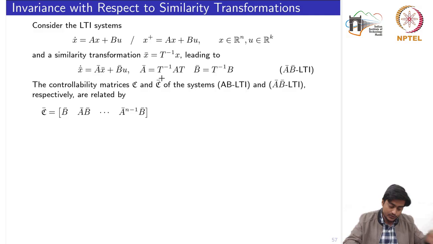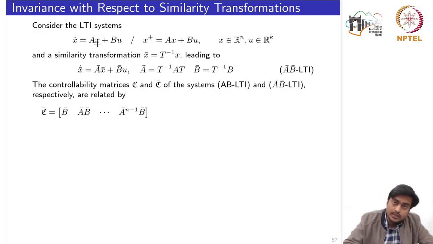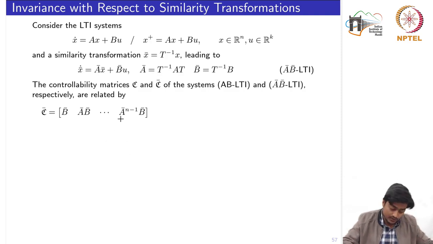Now we will compute the controllability matrix for both systems. This is the controllability matrix of the pair A bar B bar, where we have used all the matrices with the bar overhead. Now we will replace B bar and A bar by these two equations in the controllability matrix. Then you would obtain T inverse B, T inverse AB, and similarly up to the n minus 1.